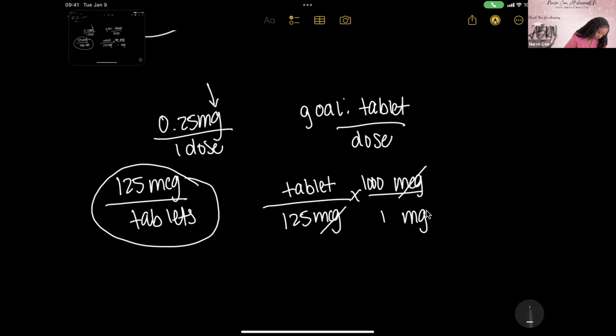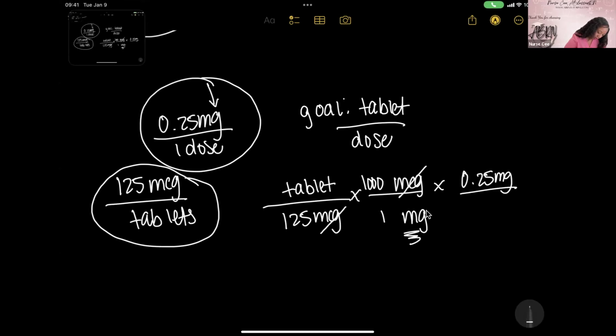My micrograms crosses out. And now I can use my puzzle piece with milligrams in it because I have milligrams right here. So 0.25 milligrams over one dose. Milligrams crosses out, and now I'm left with tablet per dose. So that's tablet at the top and dose at the bottom.